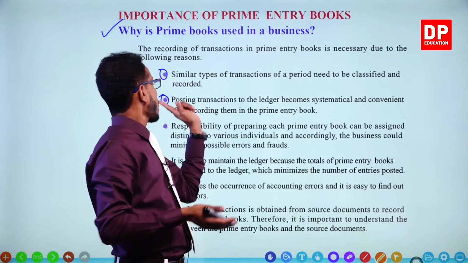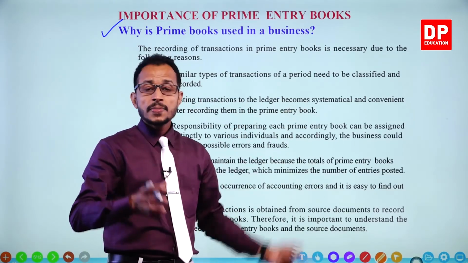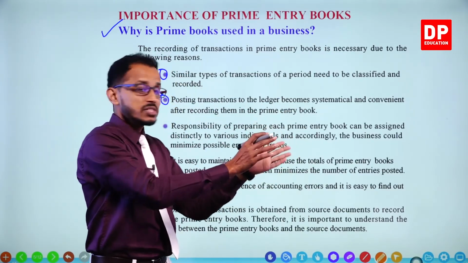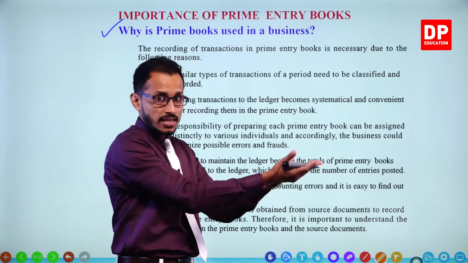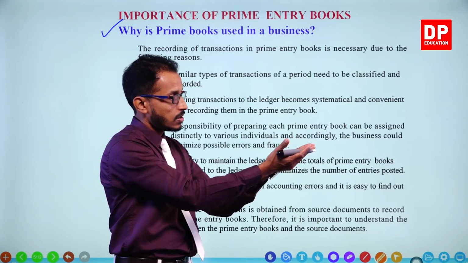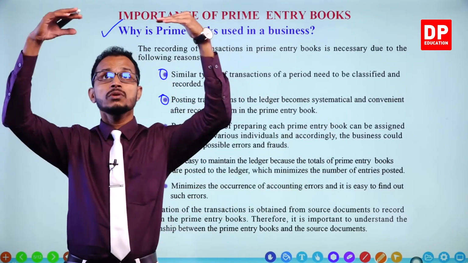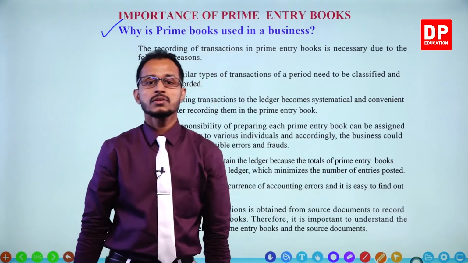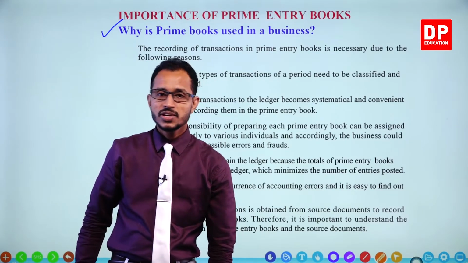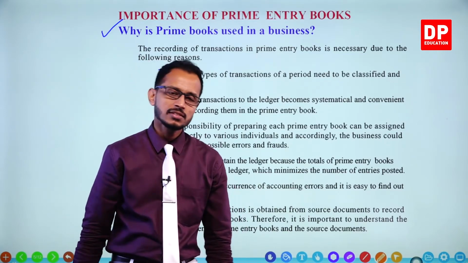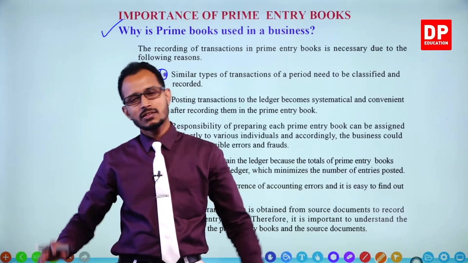That's why it says posting transactions to the ledger becomes systematic and easy. You can do it later, like after the business is closed down, when the roller gate is closed at 6 o'clock in the evening, you can have a tea and have a wash, and Mudalali is relaxed.